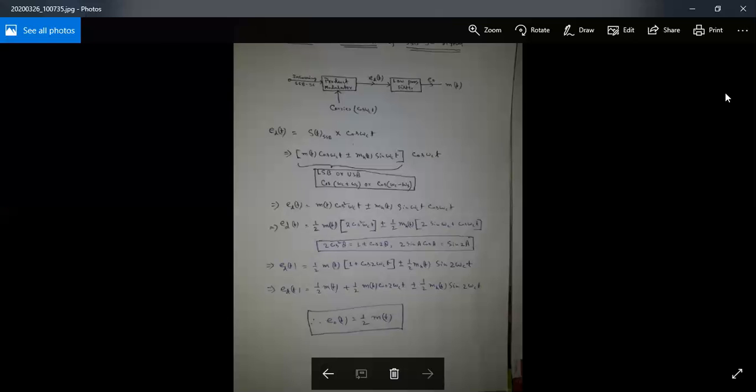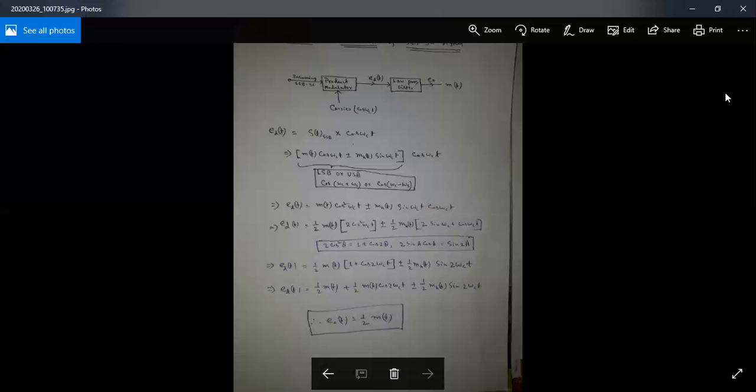Now just apply these two important mathematical formulas, and after applying them, we can get E suffix dt equal to half of mt into 1 plus cos 2 omega ct plus minus half of m suffix st into sin 2 omega ct.